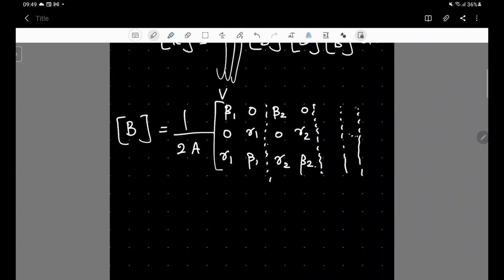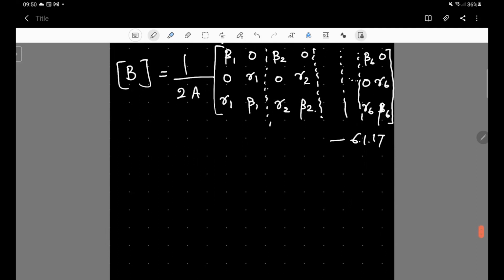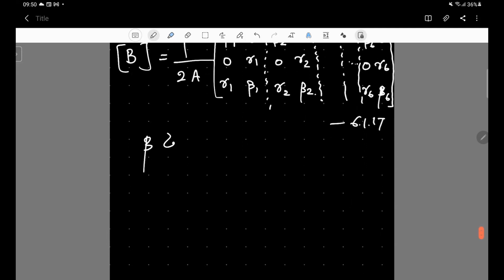So I will not write down all these 6 terms, but beta and gamma, what we have done is we have simply rearranged the coordinate system and rearranged the equations. So these beta and gamma are nothing but, it did not drop from the sky. They are functions of X and Y, just like in the previous derivation which you followed. So beta and gamma are functions of X and Y.